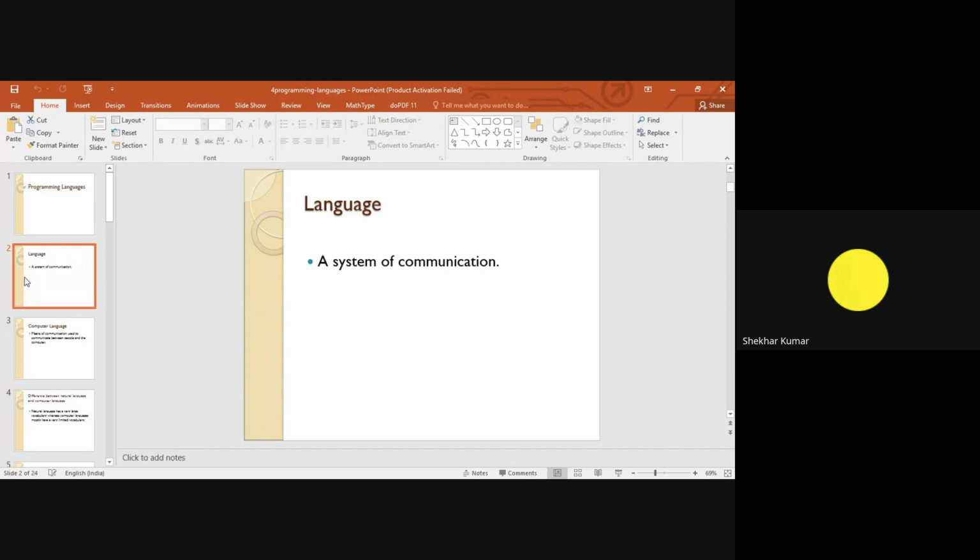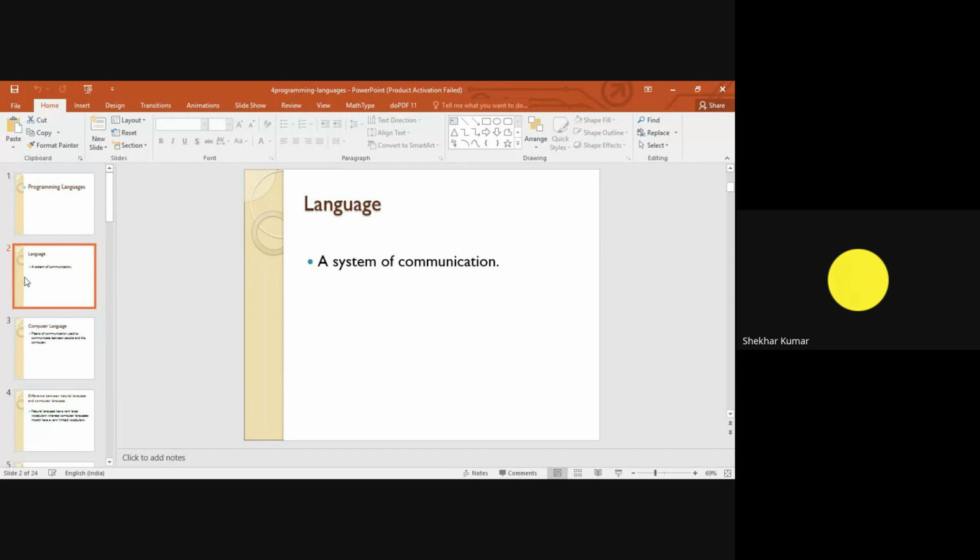So there is a requirement of communication between two different entities, in which one understands your high level language and the other one understands your low level language. So communication is very important for machine or computer systems.